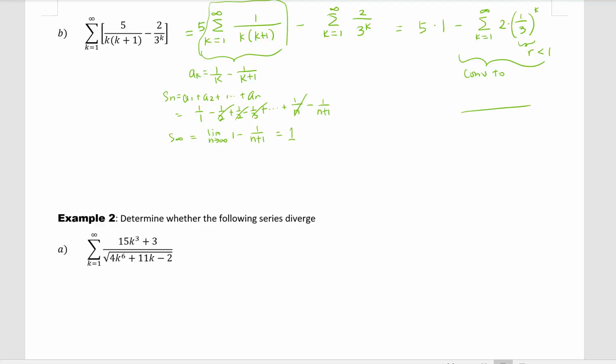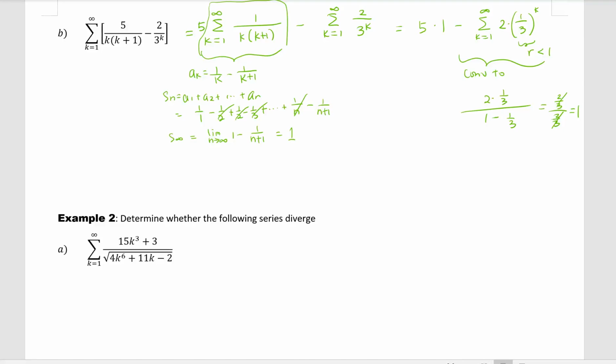Plugging in k equals 1, we get 2 times 1/3 over 1 minus 1/3. That's 2/3 over 2/3, they cancel, and we get 1. Wow. So what is our answer?